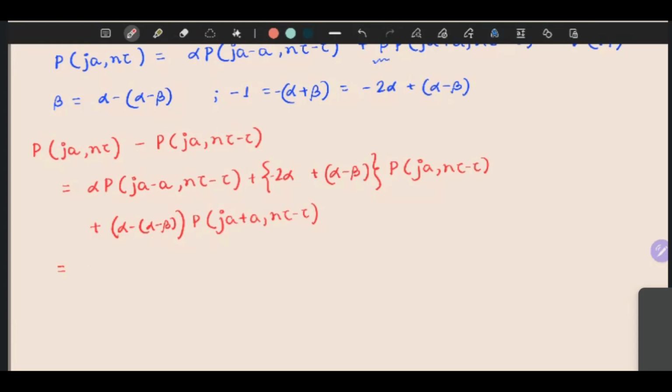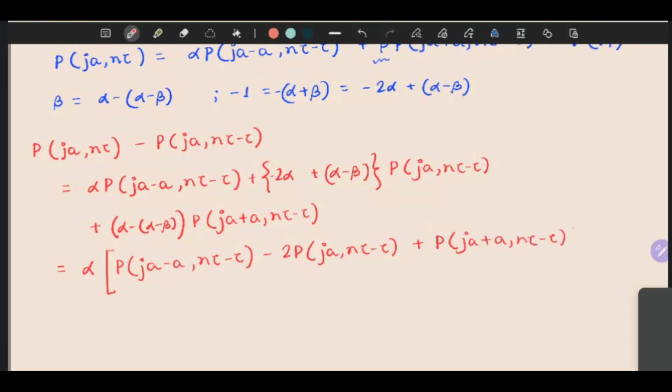So this you can write as alpha times P of ja minus a, n tau minus tau, minus 2 P of ja, n tau minus tau, plus P of ja plus a, n tau minus tau.